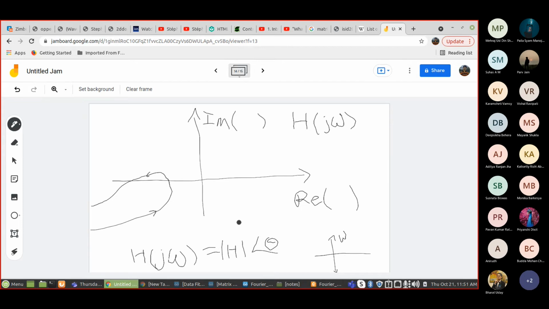Since this is a complex number, you can write it in polar form, or e to the power j theta. Theta is a function of omega, and the magnitude is also a function of omega.